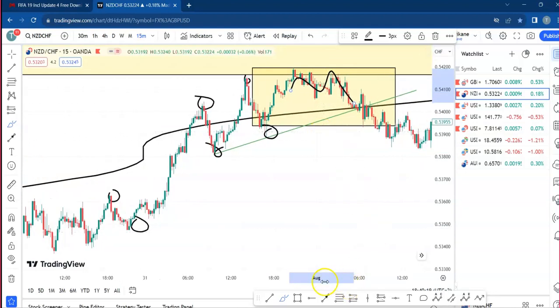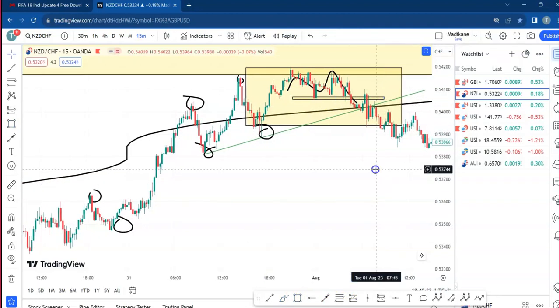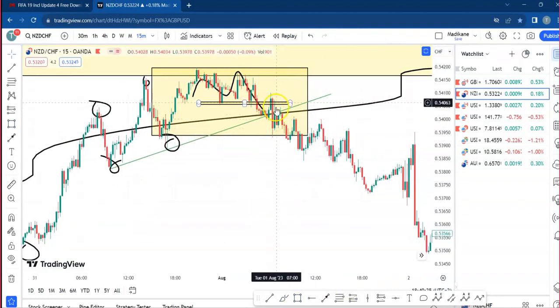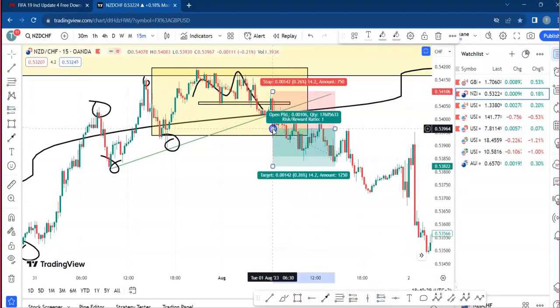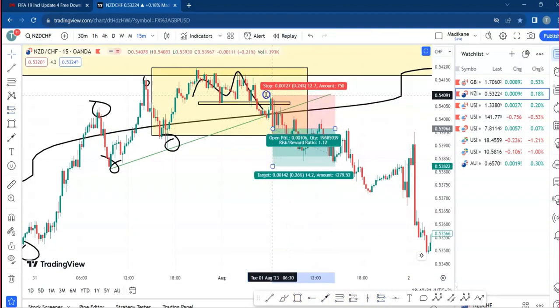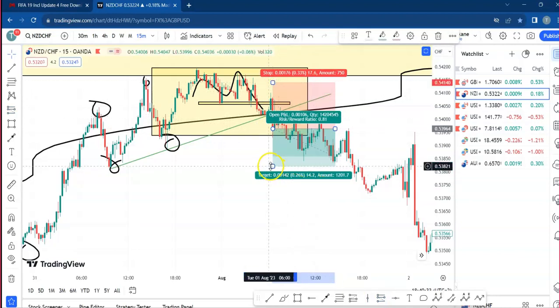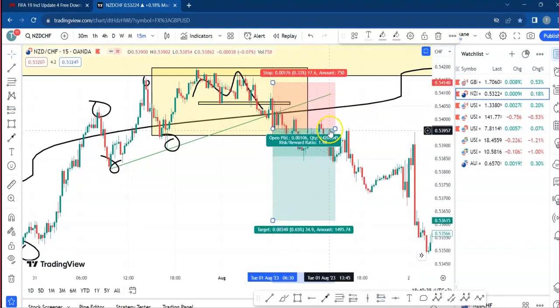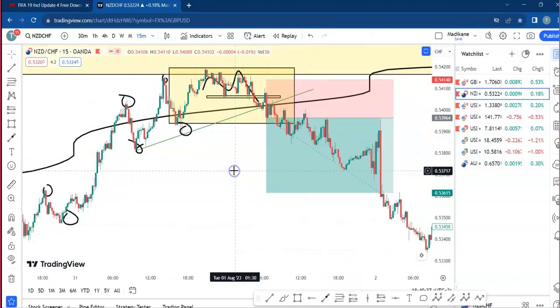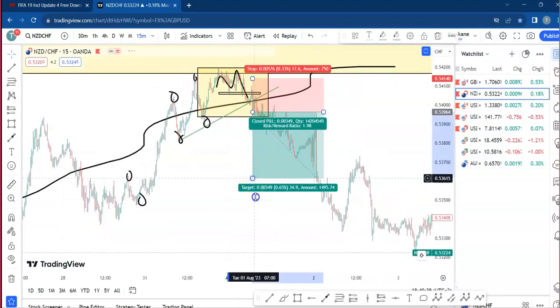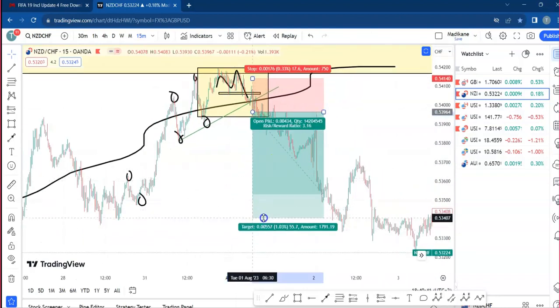At a double top, you wait for a break of the neckline, then a retest, right? So where would you enter? At this beautiful bearish engulfing candlestick. Now the stop loss is above this level, with a 1 to 3 risk to reward ratio, right?